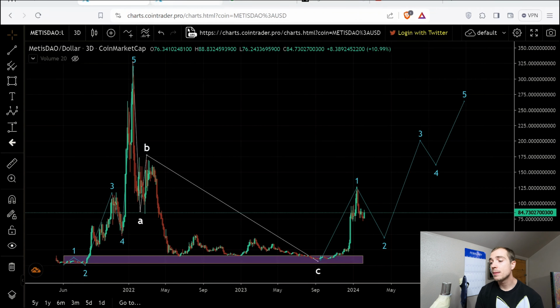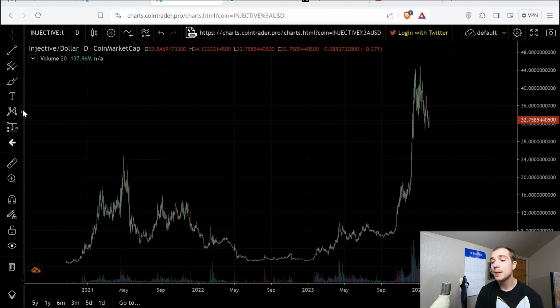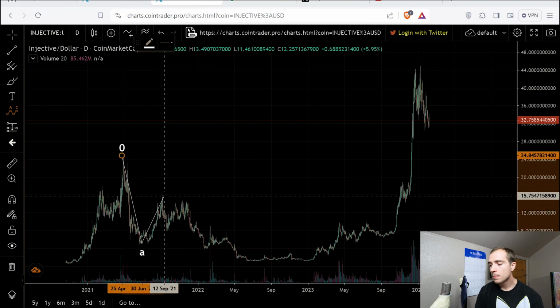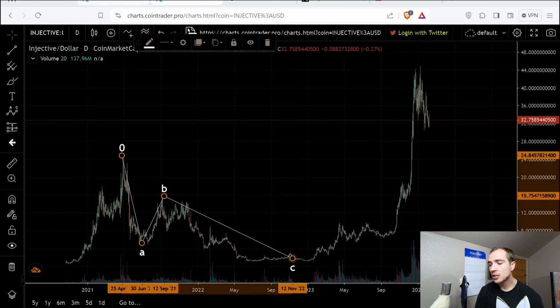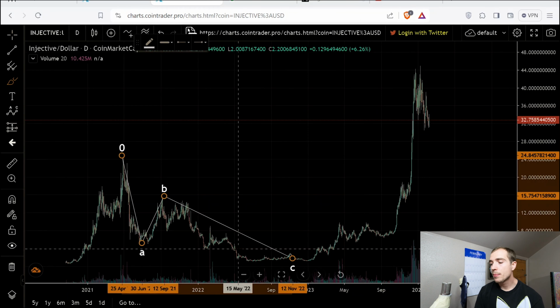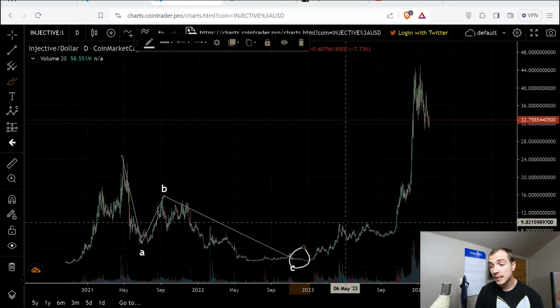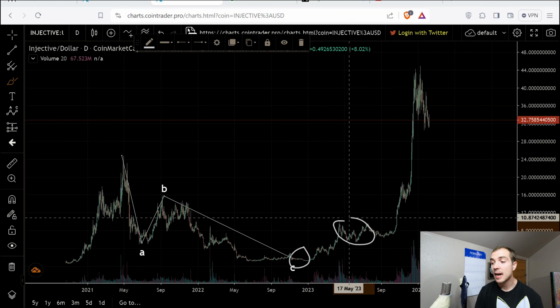If we go back over to Midas, you can actually see the same market cycle. There's an ABC correction on Injective here. A, B, C, just like there was on Midas. Then what did Injective do? It broke out of the depression phase of its cycle and went into the disbelief phase of its cycle.